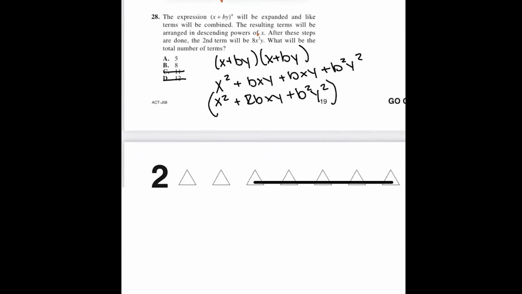So if we go ahead and do it to the power of 3, x plus by, this is a little bit of a beast, so it takes a little bit of time, but you have to go x cubed, and I'm going to try to find a good stopping point on this. So that'd be x cubed plus 2bx squared y plus b squared xy squared.